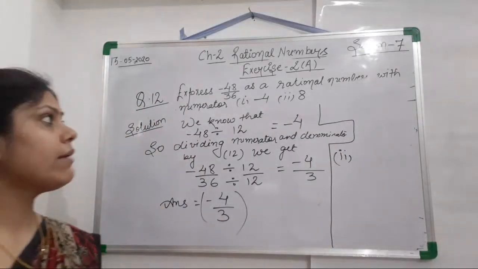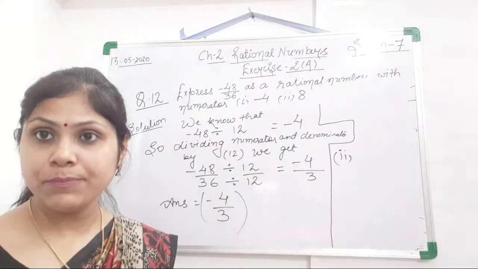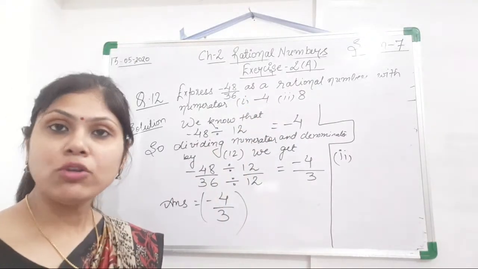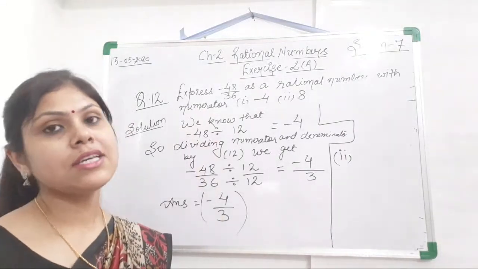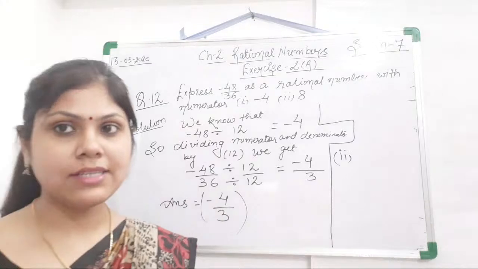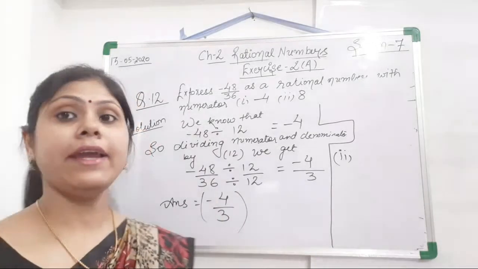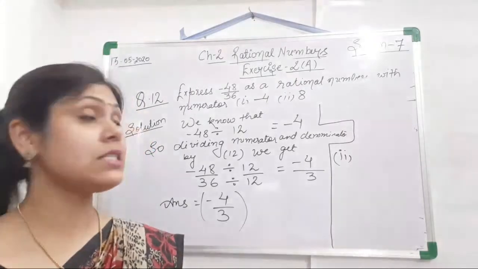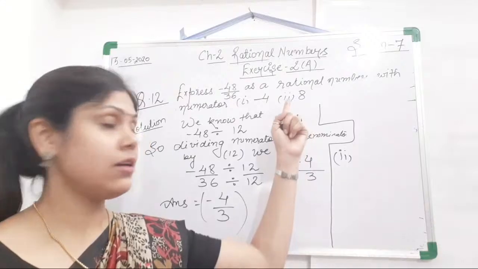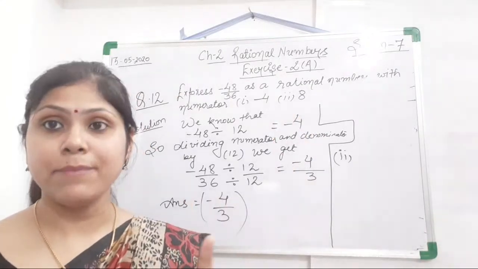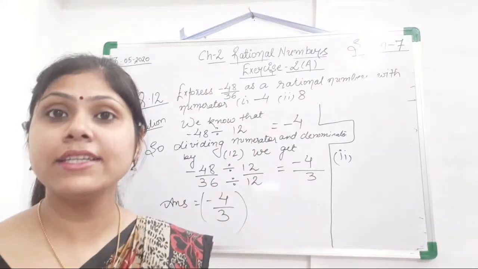Now what you have to get in the numerator is 8. By which number will you divide minus 48 to get 8? 6 eights are 48. That means if you divide 48 by 6, you will get 8. The 8 contains a positive sign, and minus 48 contains a negative sign.